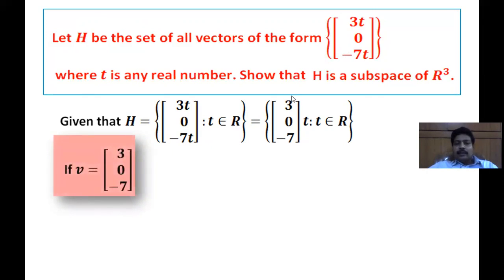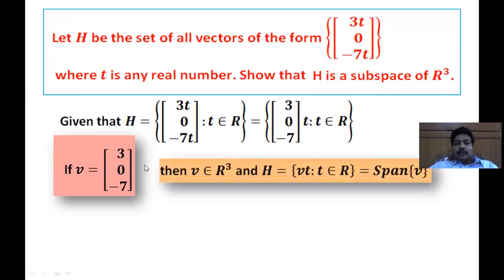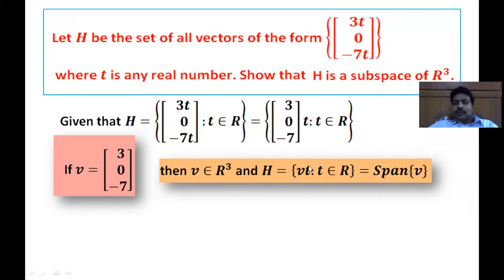If v is equal to this column matrix 3, 0, minus 7, then since it has three components, it belongs to R3, and H can be written as vt such that t belongs to R. So it is a linear combination of v only. That's why it is a span of v, where v is this one.